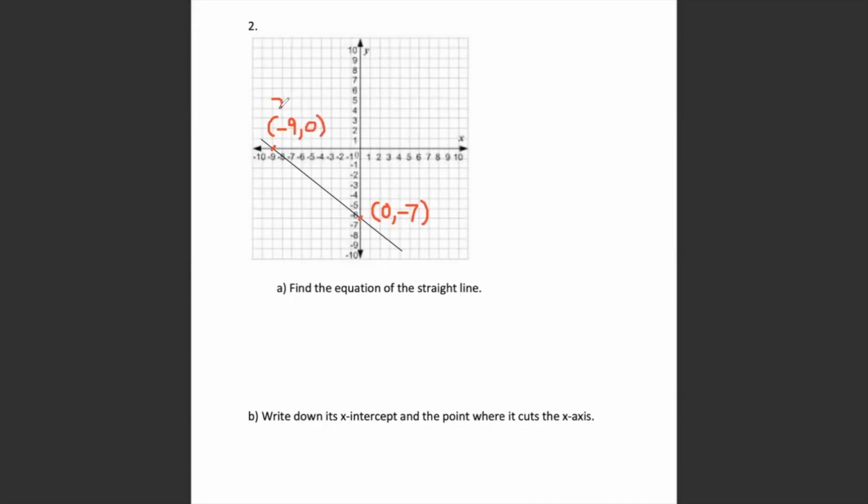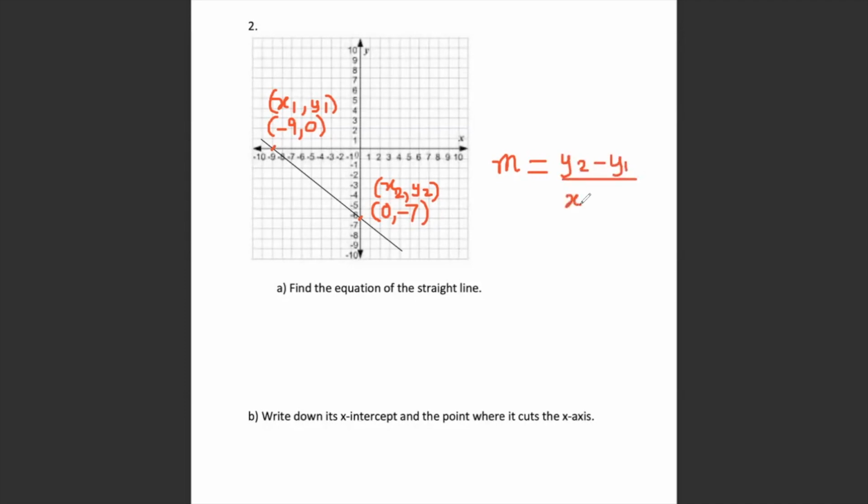So again, let's take this one as x1, y1, and this one as x2, y2. To keep things simple, we'll just follow one single method, which is doing y2 minus y1 over x2 minus x1 for our calculations of gradient.